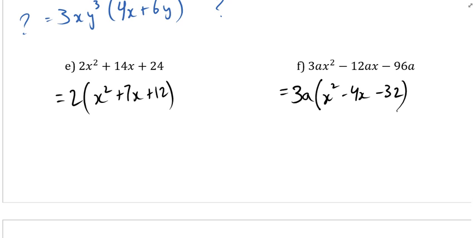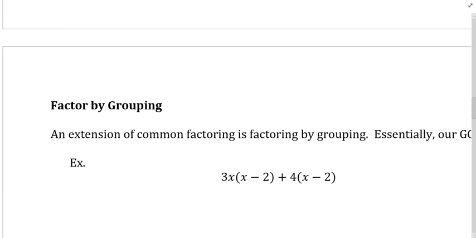Common factored. Any questions about common factoring? How many people feel okay about common factoring? Okay, remember this. Remember that you feel okay with this, because I'm going to show you factor by grouping too, but it's a bit strange.